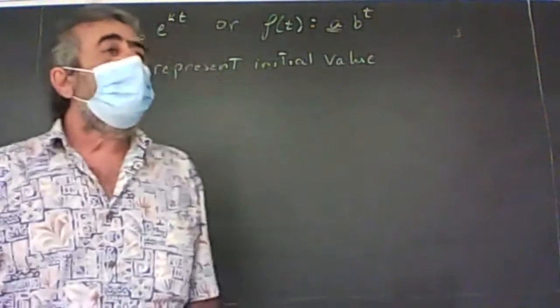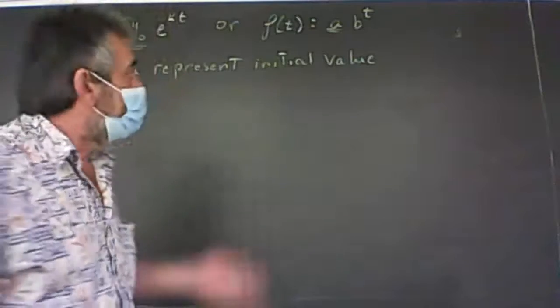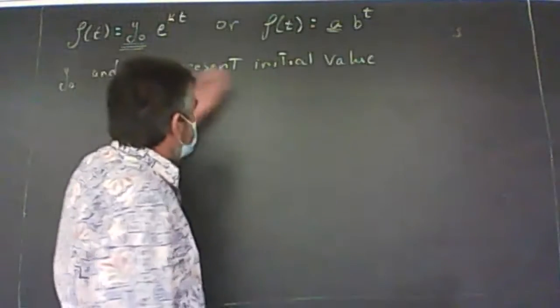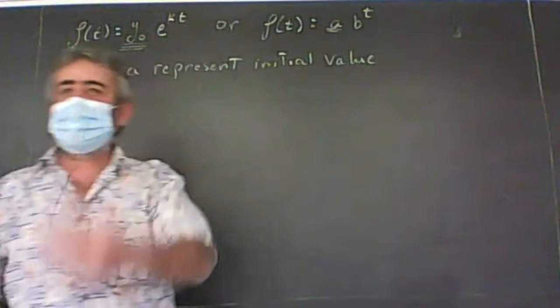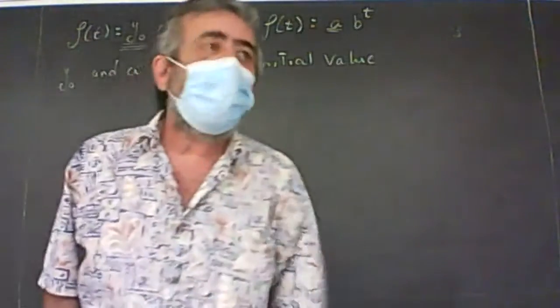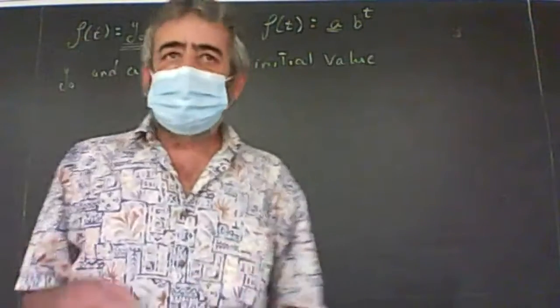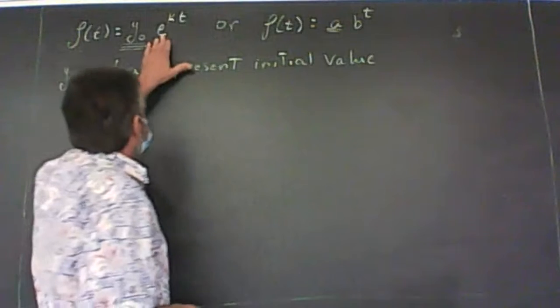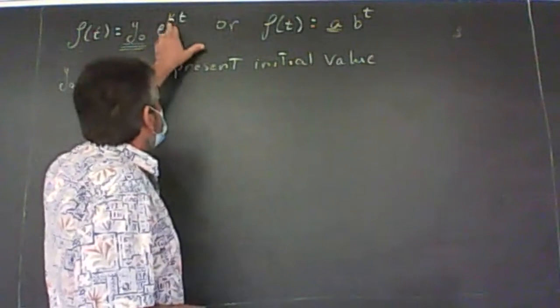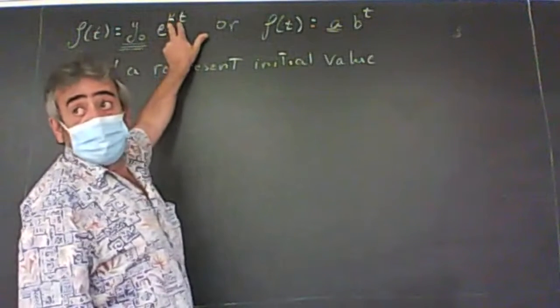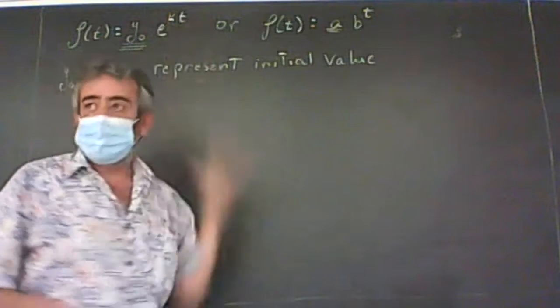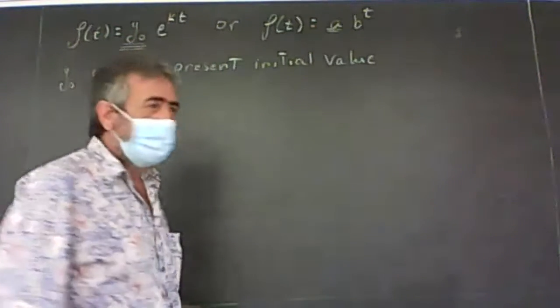So if we're talking about a particular equation, those initial values mean the value at time t equals 0. Yes? Because when t equals 0, what happens? The whole exponent becomes 0, right? And e to the power 0, we said, is 1.